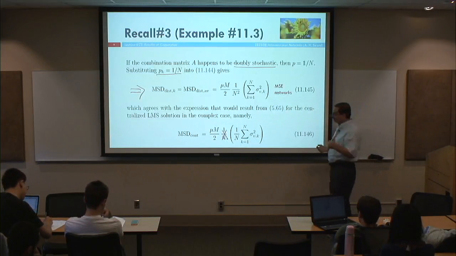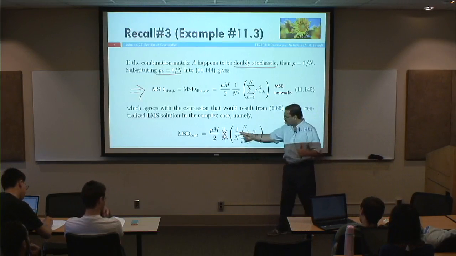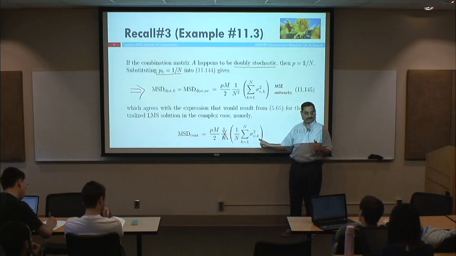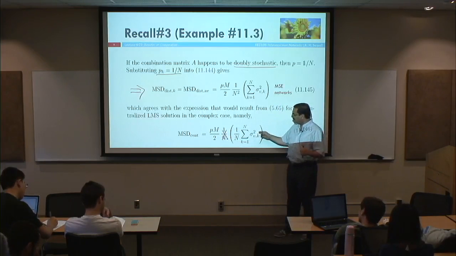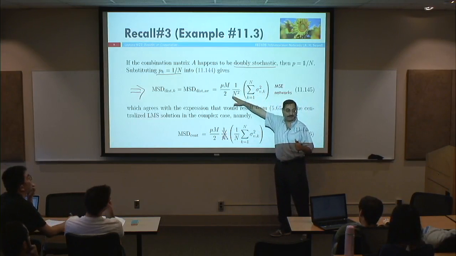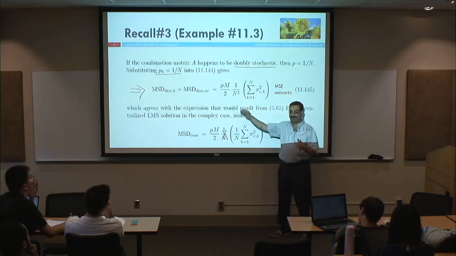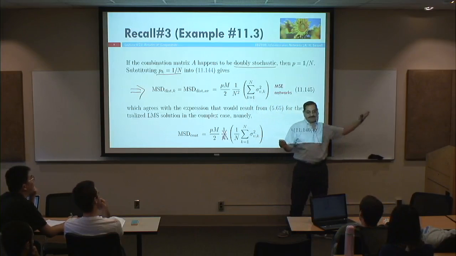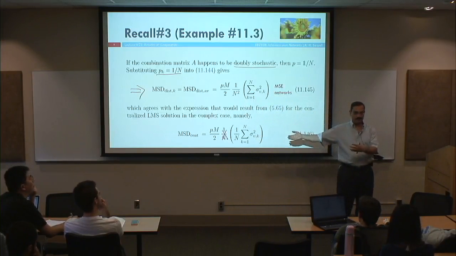Each individual non-cooperative agent will perform according to mu over 2 times the corresponding sigma v, right? Is it always true that this average, scaled further by 1 over n, is better than each individual performance? We saw before that this is not the case. The same thing will hold here.